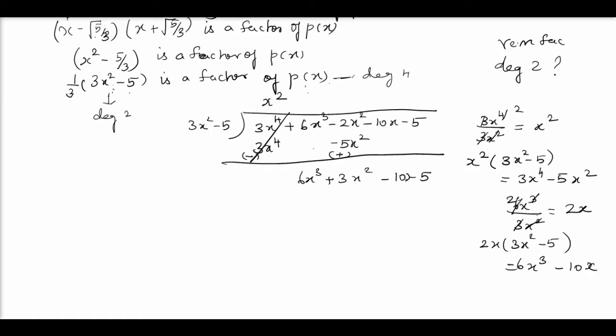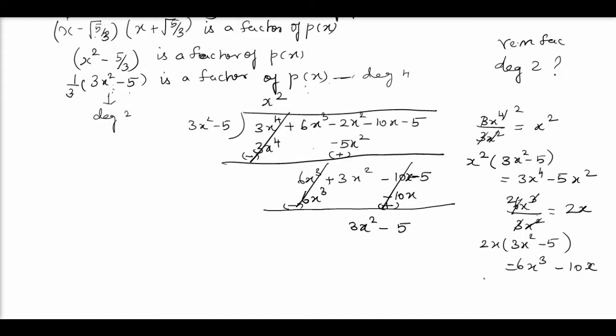Right? Sorry, here it is x. Okay, so when we substitute, it is 6x cube minus 10x. Let me subtract them. So when I subtract, both the terms get cancelled, because 6x cube minus 6x cube and minus 10x plus 10x get cancelled, and the remaining term is 3x square minus 5.